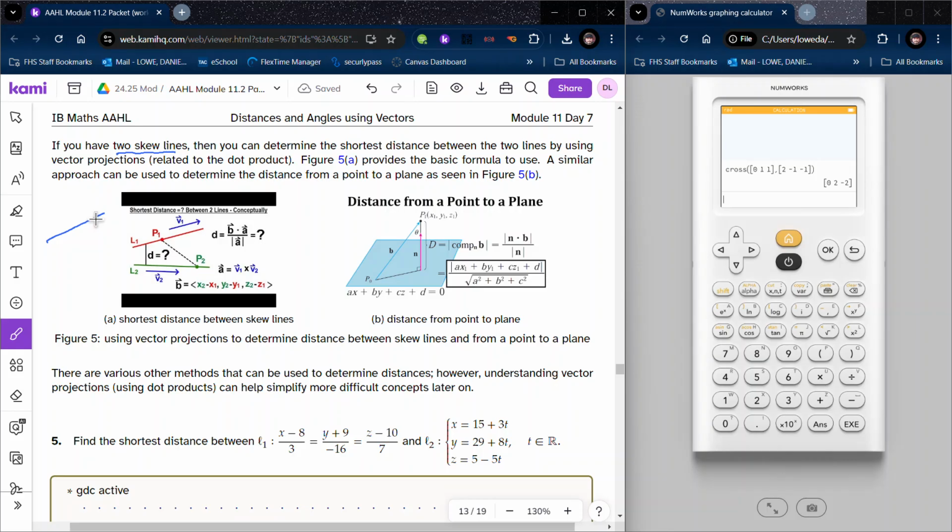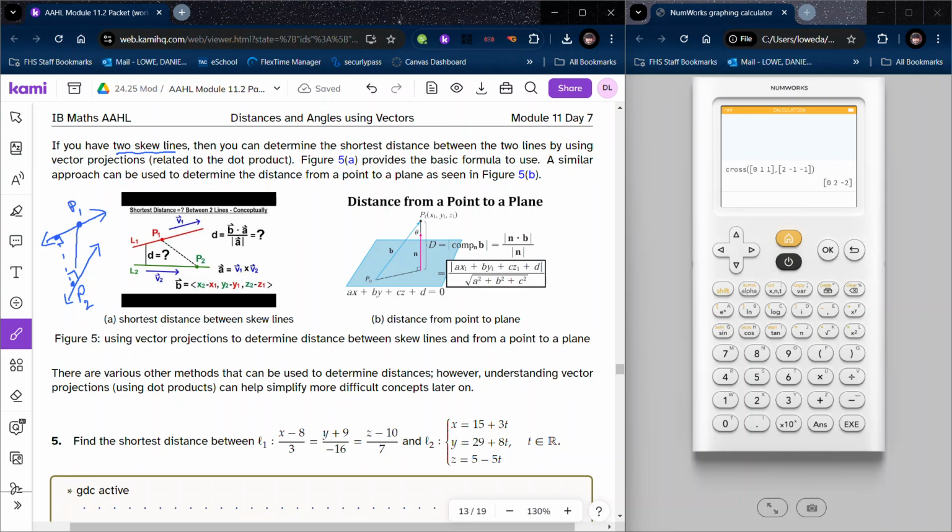Let's say that I had one skew line in that direction, one skew line in this direction, so they're not going in the same direction at all, but I do have some place where I'm perpendicular to both of my lines. Let's say that this here happens to be point 2, and this over here happens to be point 1.